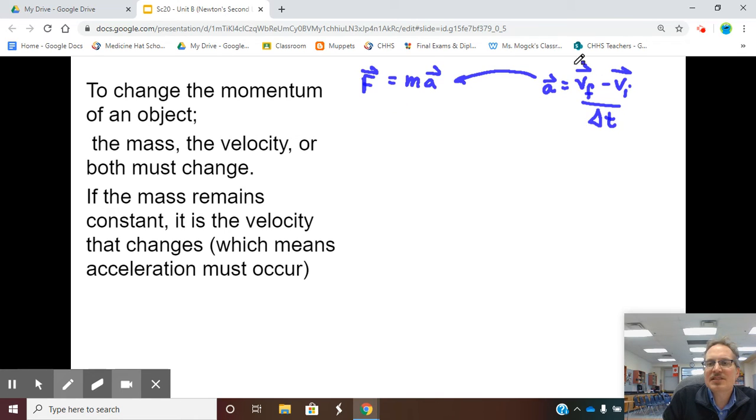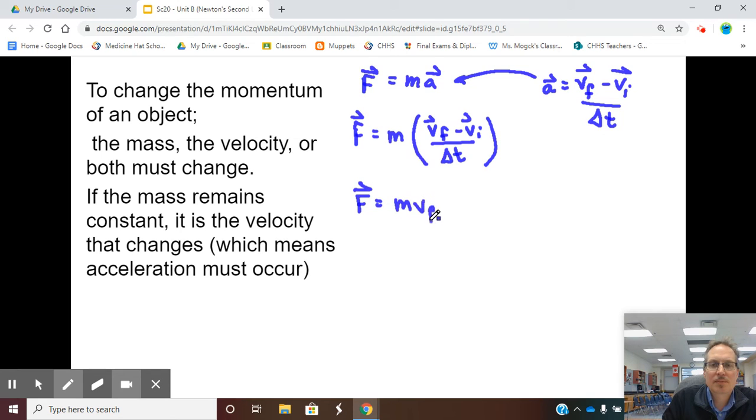So if I was to now sub this in place of A, I would have the new formula of force equals mass times VF minus VI divided by time. Therefore, I'm going to multiply mass all the way through. And then, of course, time is still on the bottom.